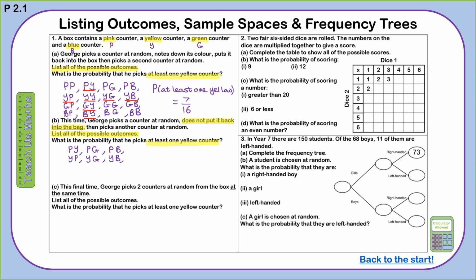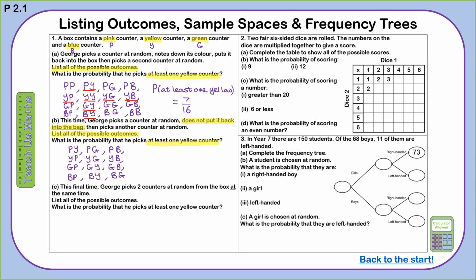Picking a green counter first, he could do green then pink, green and yellow, and he couldn't pick green and green, but he could pick green and blue. And then for the final row, blue and pink, blue and yellow, blue and green, but not blue and blue.